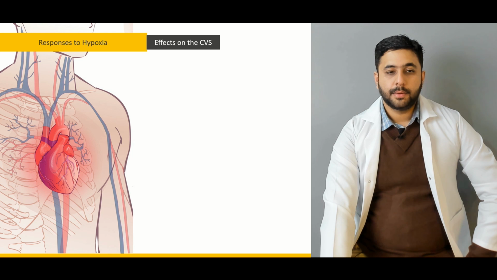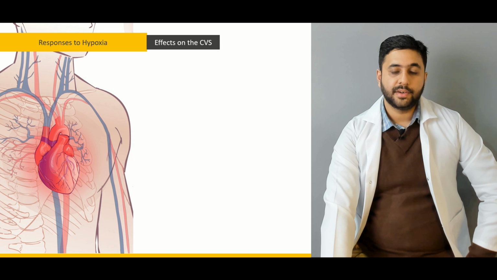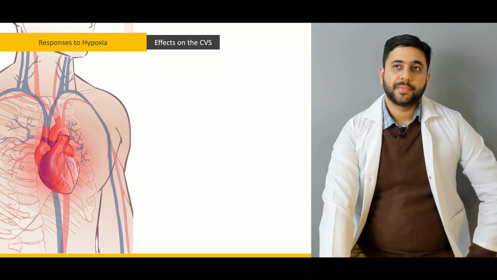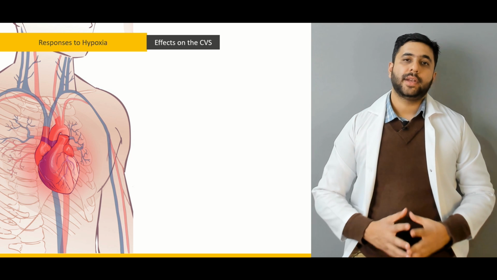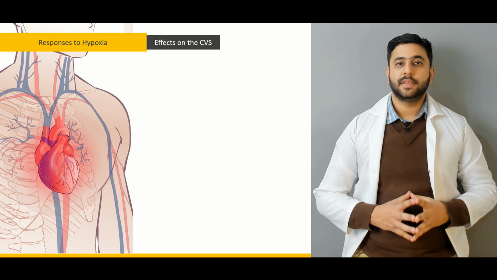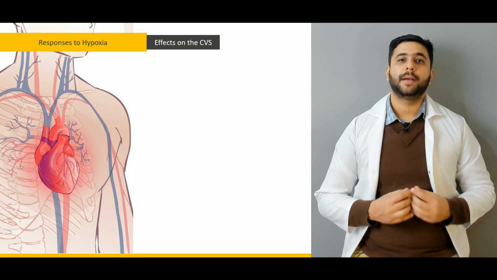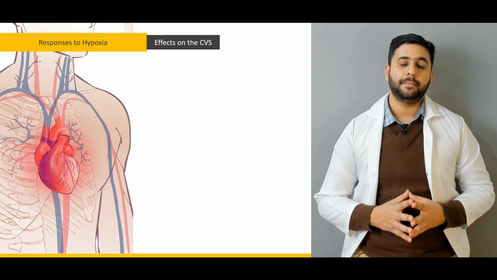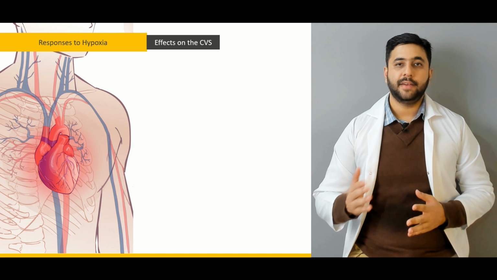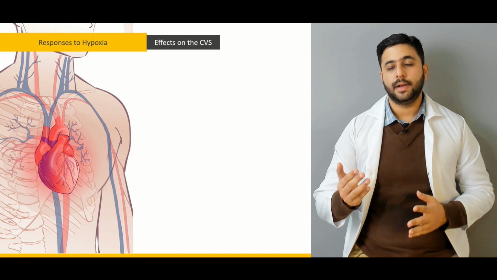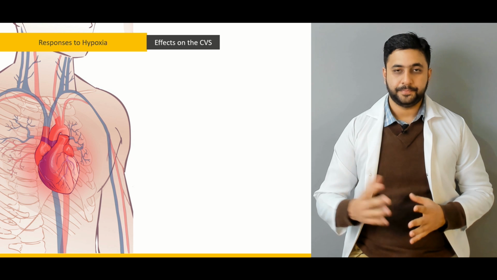Now let's discuss the effects of the hypoxia on the cardiovascular system. As you know, at the aortic arch and the carotid sinus, we have the peripheral chemoreceptors. The peripheral chemoreceptors respond to hypoxia, or the decrease in the PO2, after the level has gone below 60 millimeters of mercury.